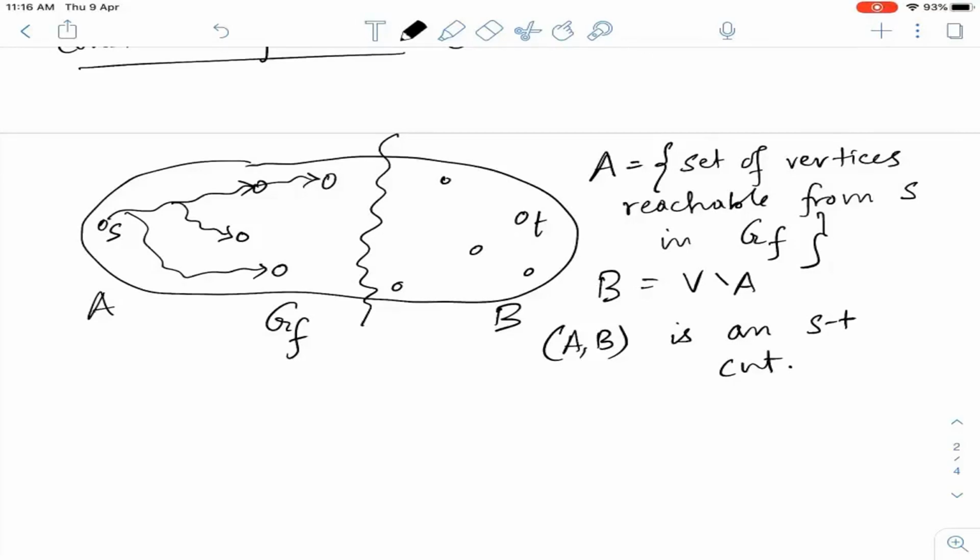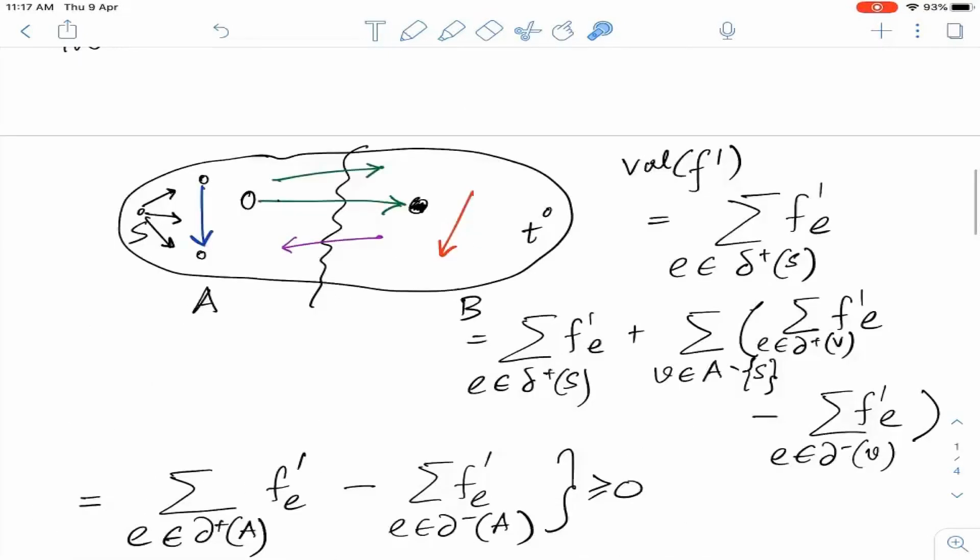Okay, now who can tell me? Suppose I am disregarding the edges with capacity 0 or with residual capacity 0 in this GF. Now, if I look at this boundary, this threshold of A and B, remember in the previous picture, I had these 4 kinds of edges.